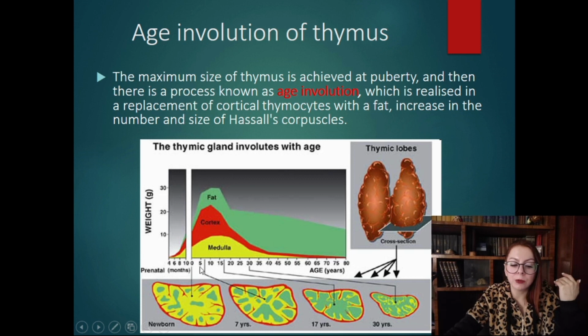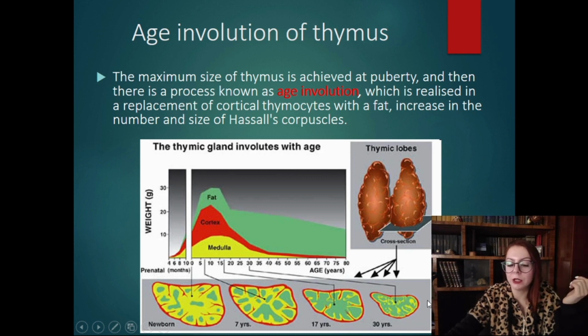As you can see, at the moment of birth, here we have this ratio between the medulla, cortex, and fat. So cortex and medulla, they prevail. But starting from 20 years, we can see a decline in the amount of cortex and medulla and the replacement with fat. And at the age of 35, almost all thymus gets replaced with the fat, this green tissue.